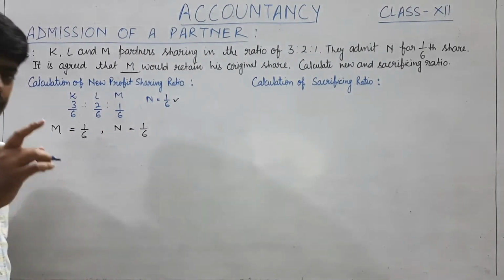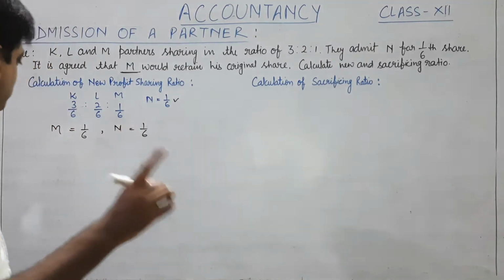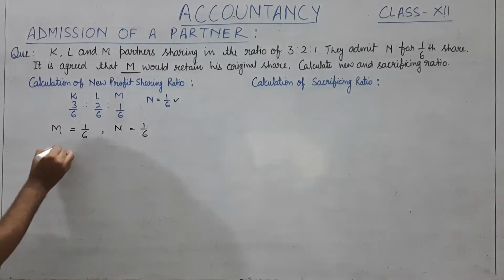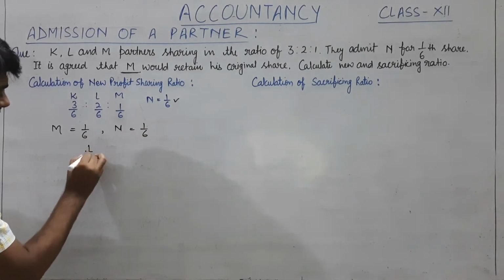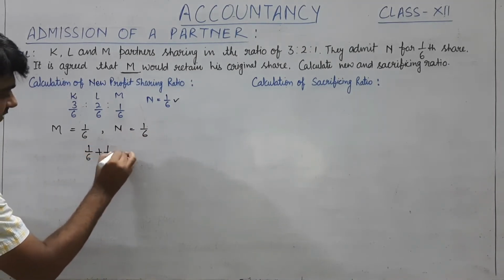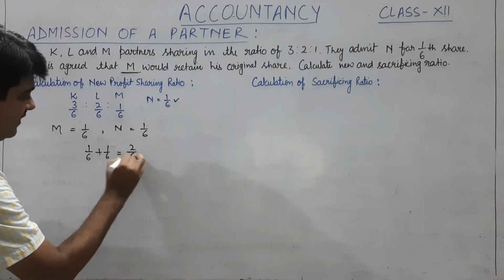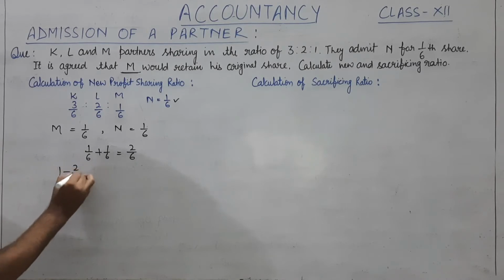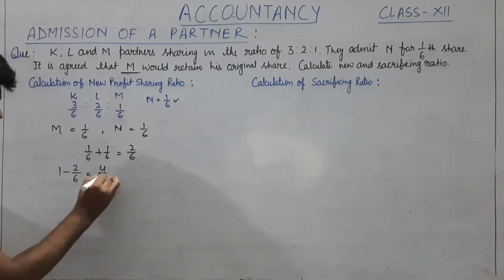And you know profit of the firm is always 1. So first of all we will add M's share and N's share, that is 1/6 plus 1/6, that is 2/6. Now profit of the firm is 1 minus 2/6, so it will come 4/6.